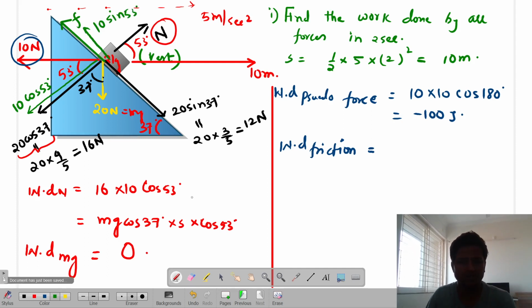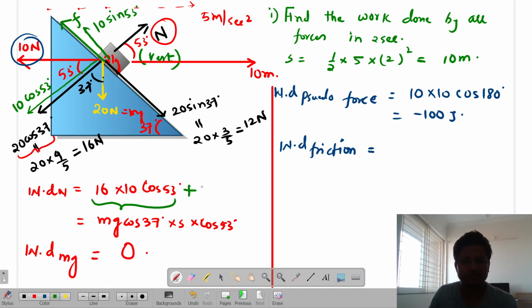So the work done by the normal will also involve 10 cos 53. Basically, the normal is exactly equal to 20 cos 37 plus 10 cos 53. This is the normal due to the mg component, but since the pseudo force is also present, the normal will appear due to that as well.